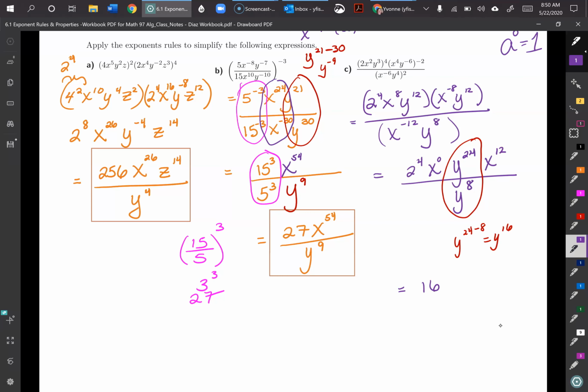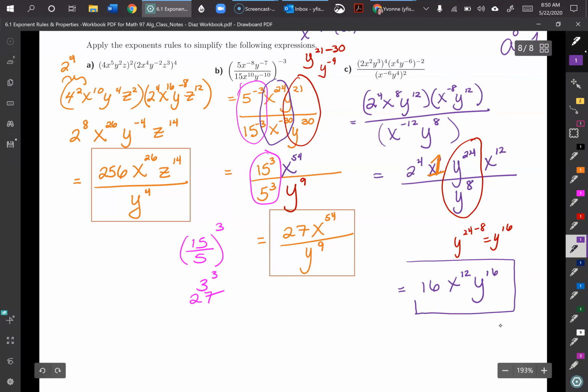So this isn't raised to the 1, it's actually the number 1, right? So we just get rid of that as 1. And then I'm going to leave this as x to the 12th. And then I have y to the 16th. We just like alphabetical order. And that is it, all the steps for that one.